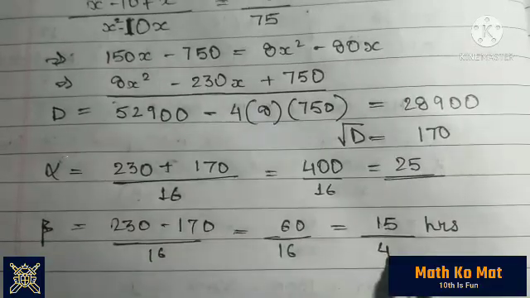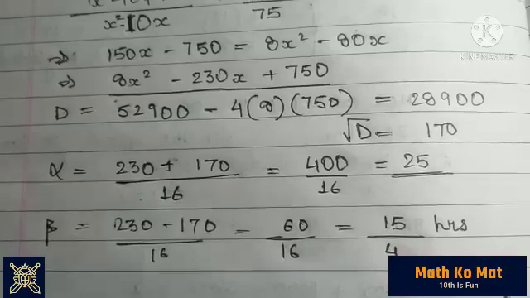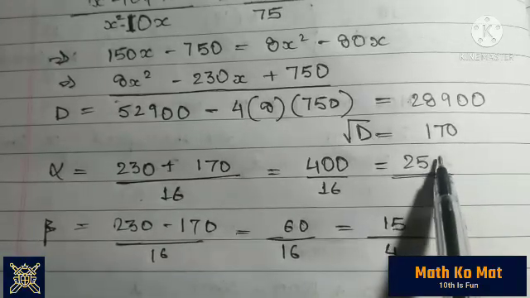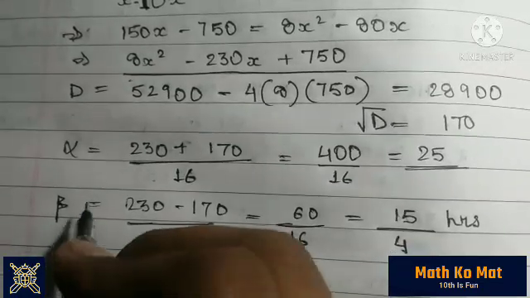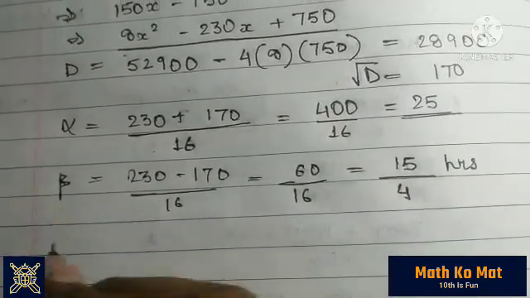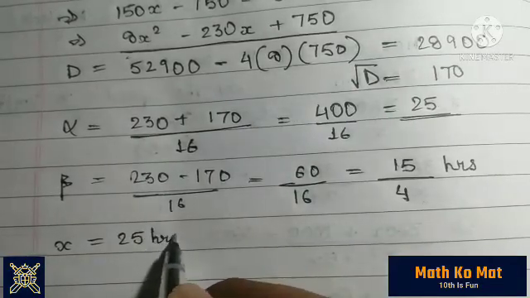We neglect the value 15 upon 4 because it doesn't make sense here, and we take the value 25. So the smaller tap fills the tank separately in x hours, that means 25 hours.